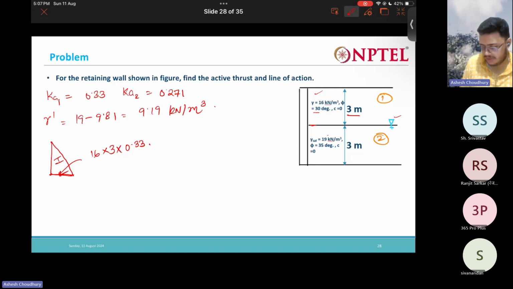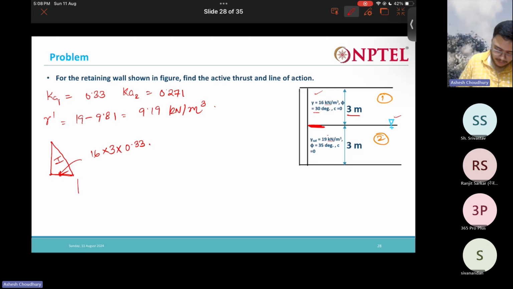Now see the bottom soil, this K is changing. So it will act as a surcharge. Whatever load is acting at this level will be acting as a surcharge for the bottom layer. You can think of it that way.